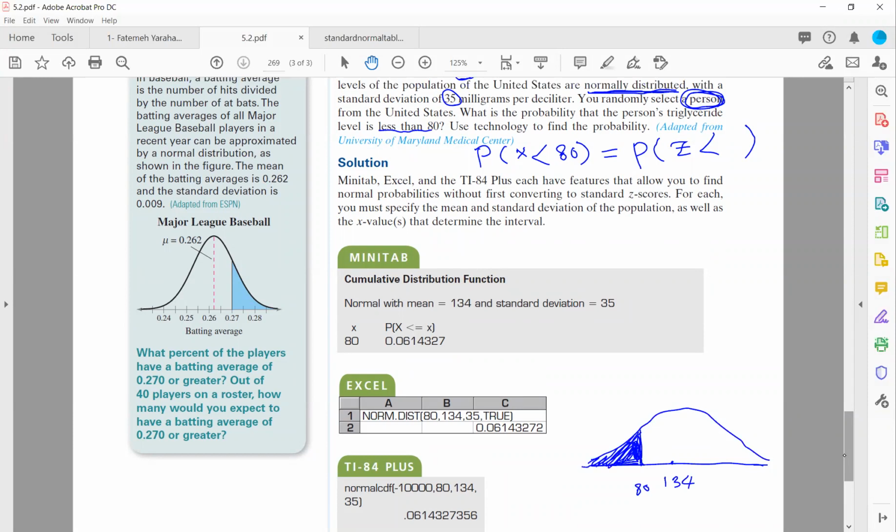The lower boundary you can write as negative 10,000. The right boundary is 80. The mean is 134, and the standard deviation in the question is 35. Then you enter. The area is going to be almost 6%.